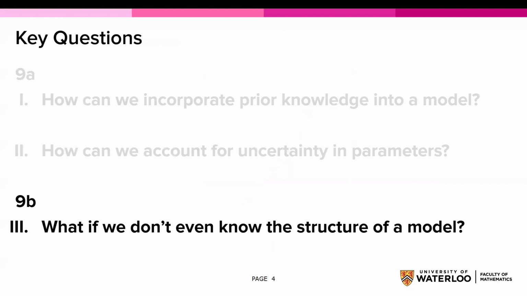Whereas in part A of the lecture, we talked about incorporating prior knowledge and quantifying uncertainty, in part B we're considering kind of the opposite situation, where we have very little knowledge at all to solve this regression problem. Specifically, we don't even know what form of the model, what set of basis functions, we can use.